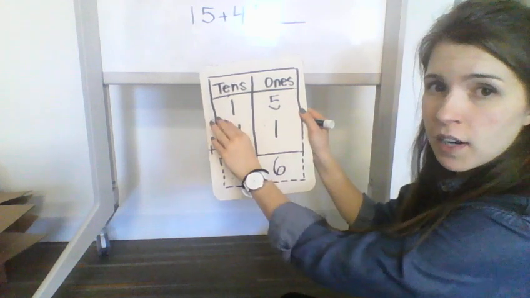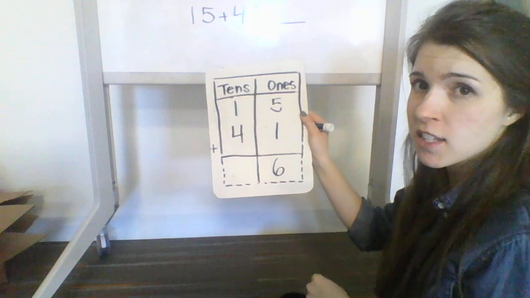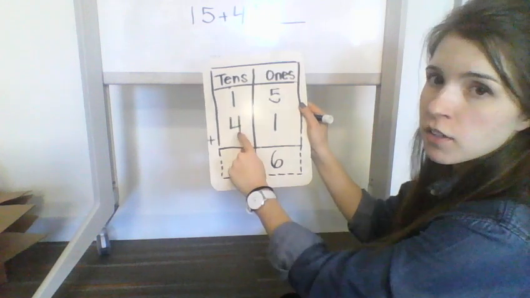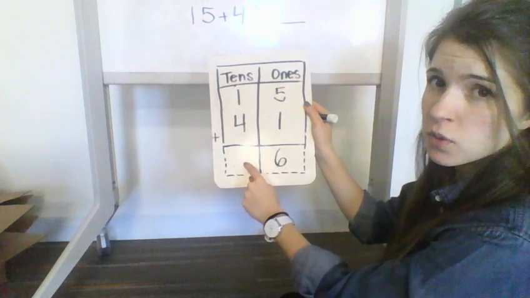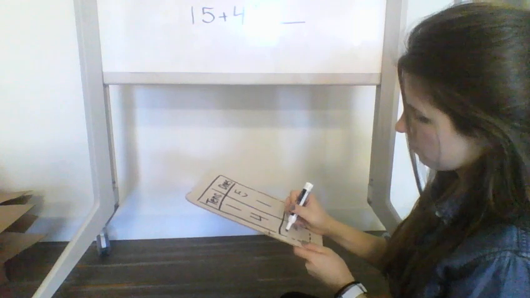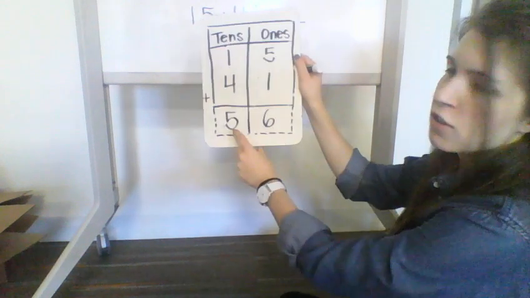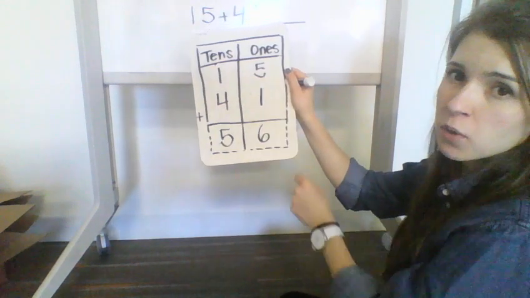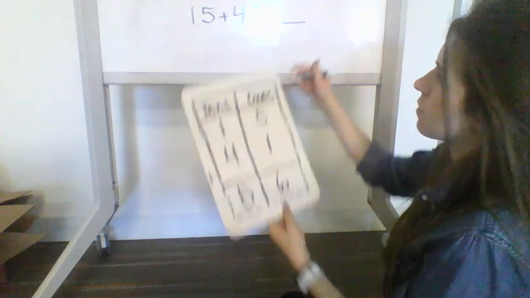We can just move on to the next column underneath the tens place value. So 1 plus 4 equals 5. So 15 plus 41 equals 56.